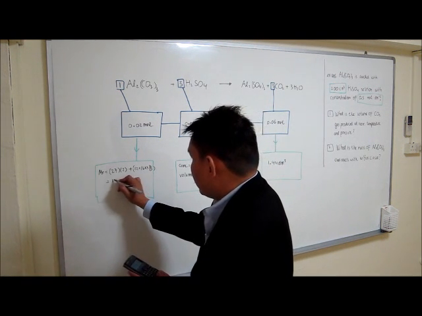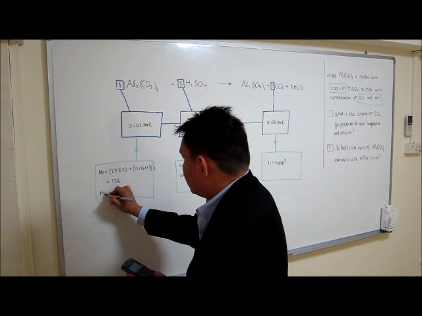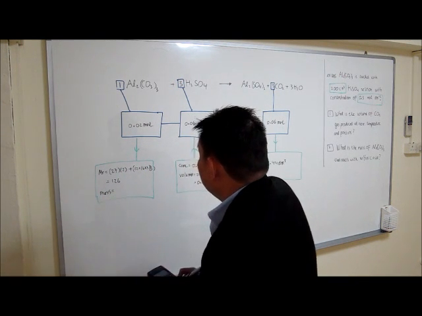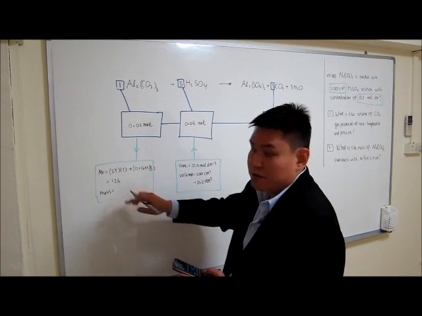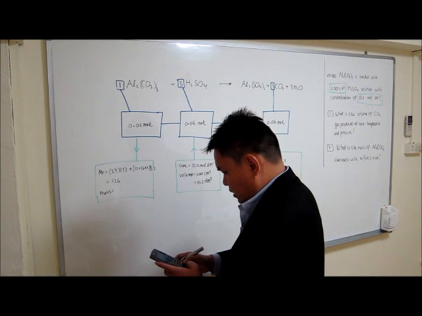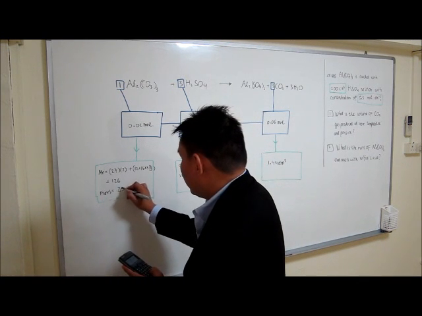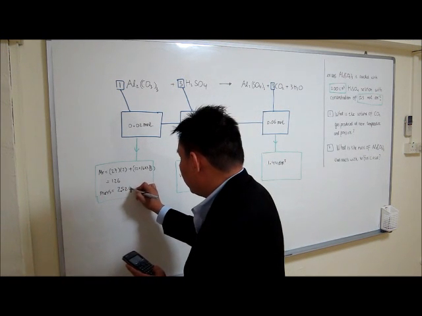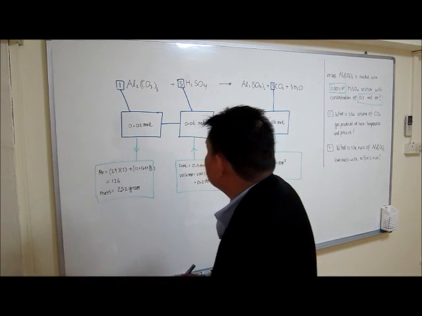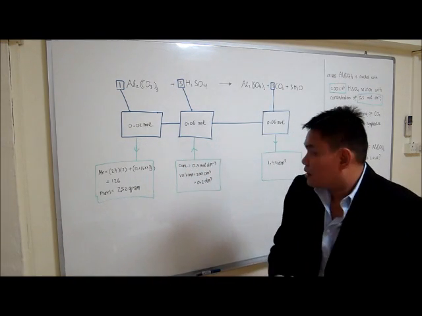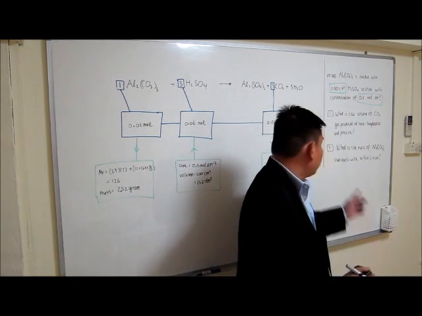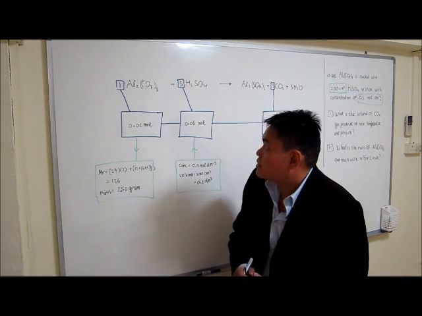You get 126. So mass, we simply multiply 0.02 times 126. So we get 2.52 gram. Very simple. So the answer for question number 2 is 2.52 grams.